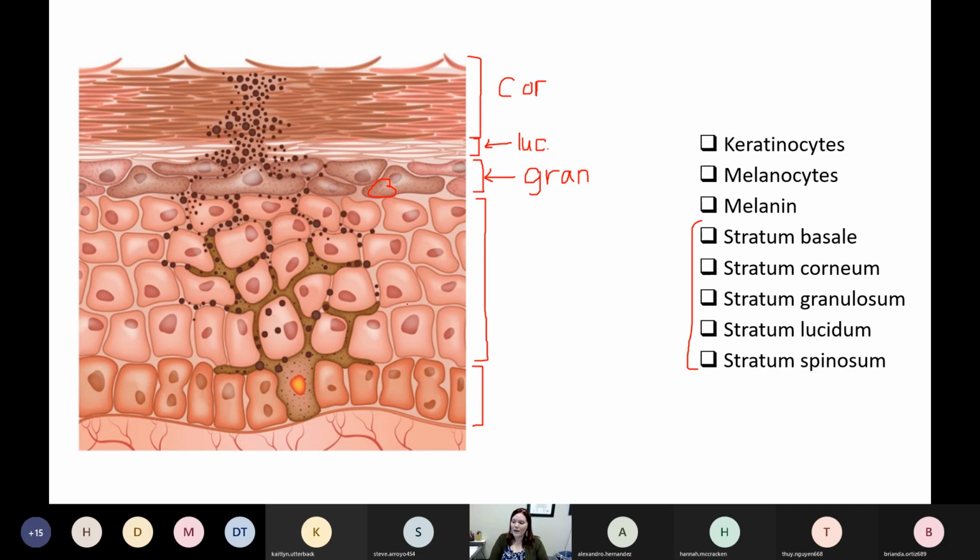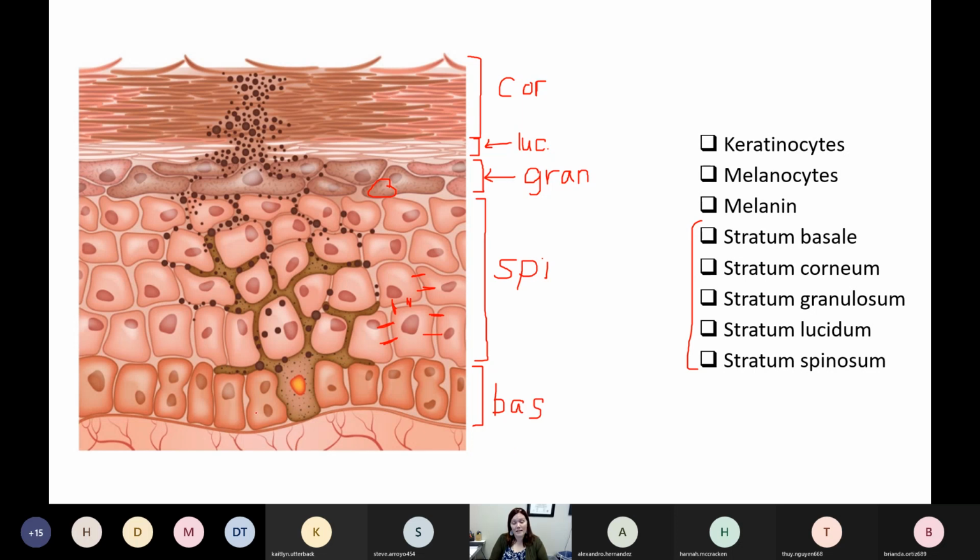Remember that down below it, we've got that layer where we would see all those desmosomes, those connections that look like spines. Stratum spinosum. Remember that in stratum spinosum, the cells are still alive. In stratum granulosum, they start to die. And then down here at the very bottom, stratum basale.